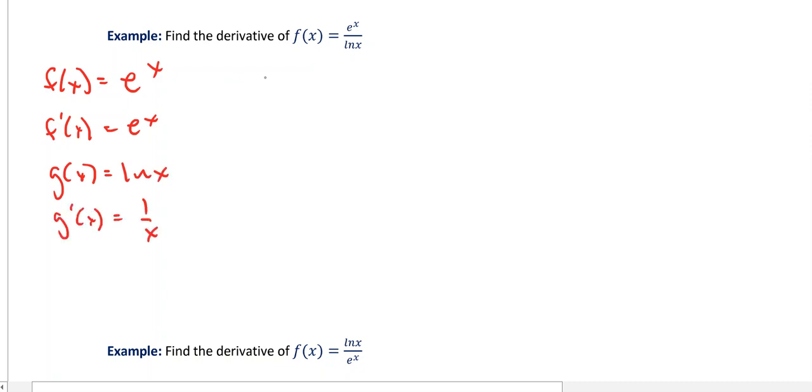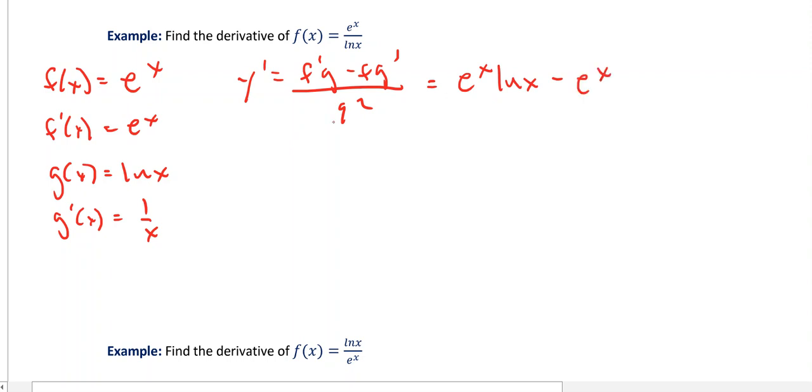So y prime equals f prime g minus f g prime over g squared. We're going to have f prime, which is e to the x, times g, which is the log of x, minus f, which is e to the x, times g prime, which is 1 over x. And that's all over g squared, which is the log of x squared.